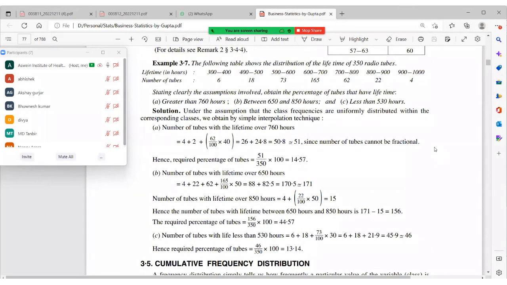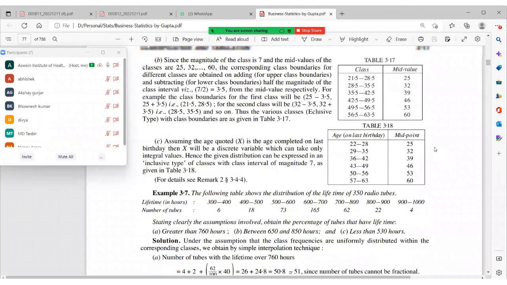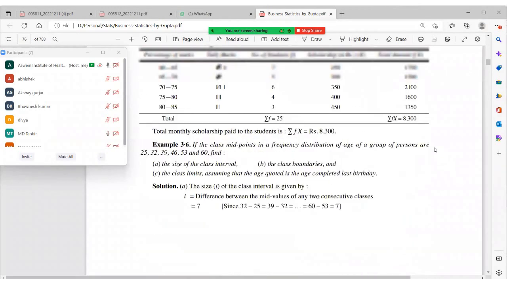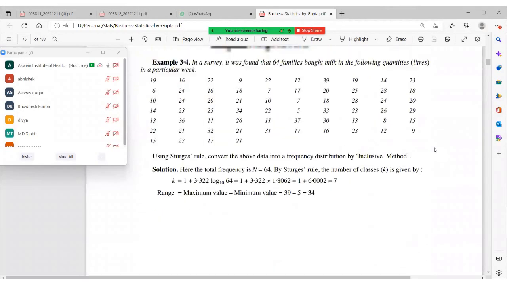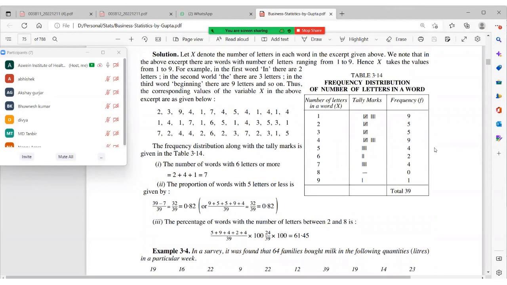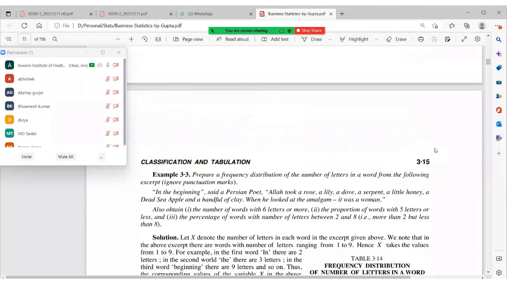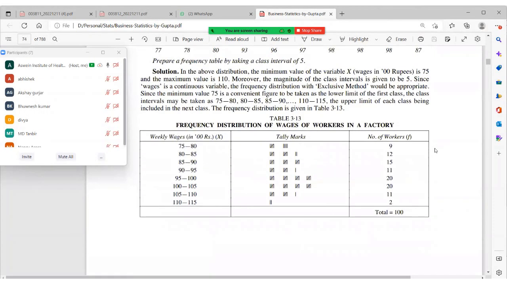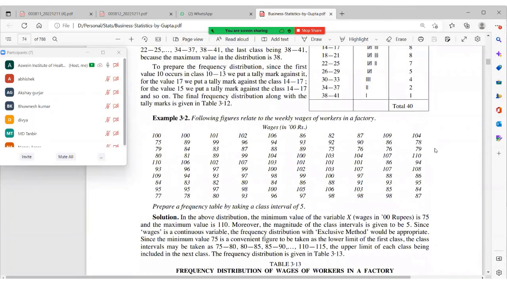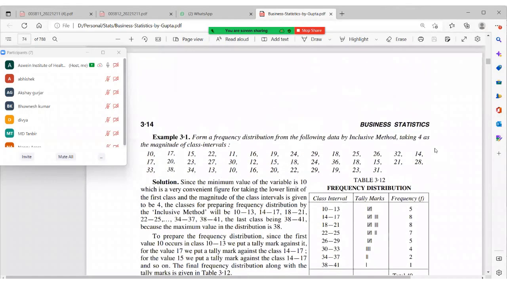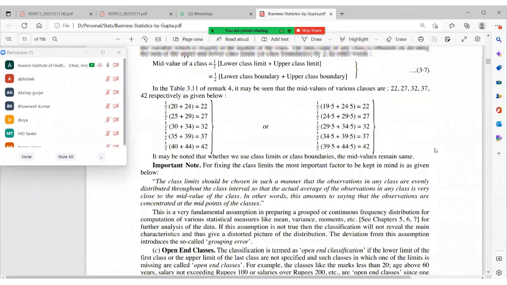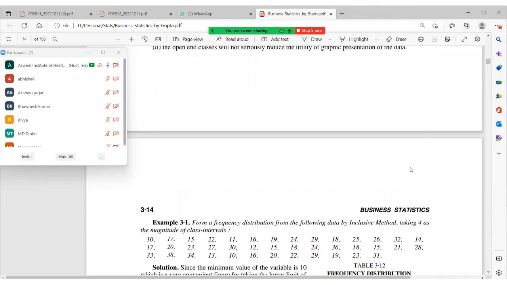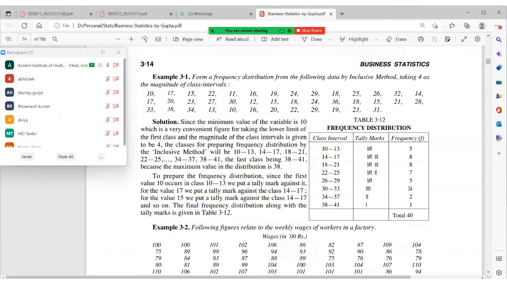Is it clear? Now that one is clear. Inclusive or exclusive.